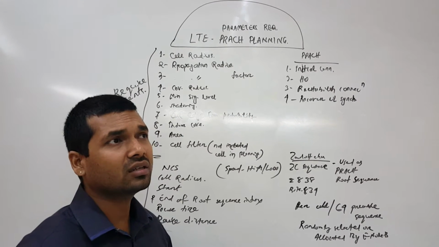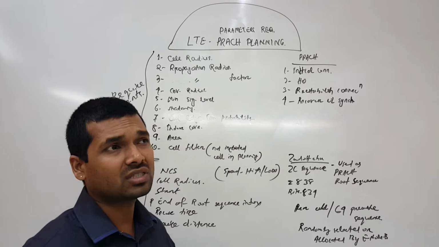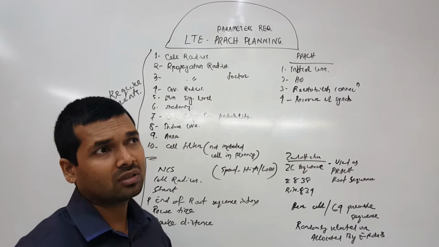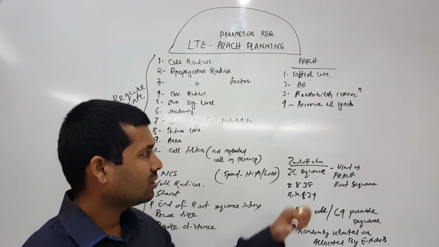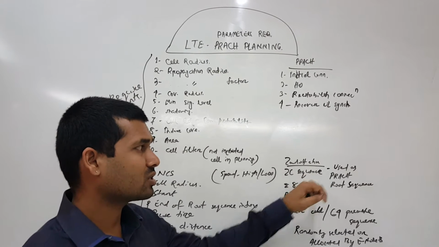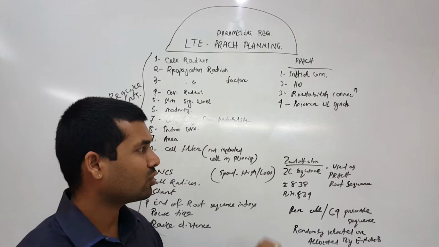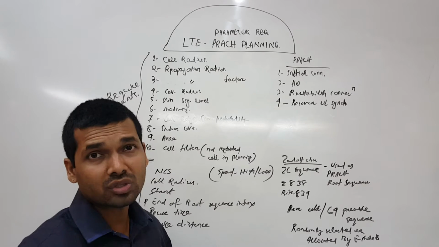We have 838 ZC sequences, Zadoff-Chu sequences, which are used for the PRACH root sequence.